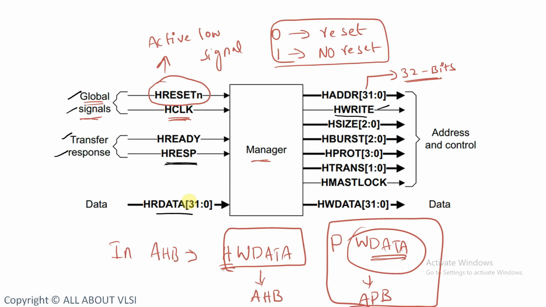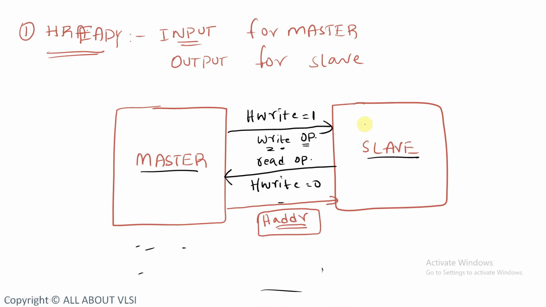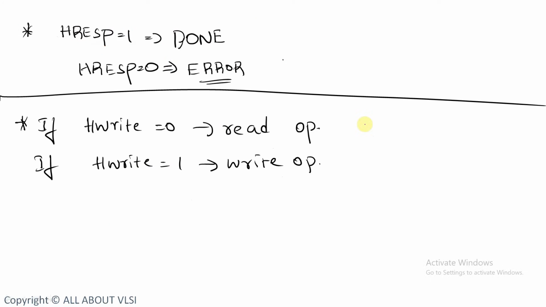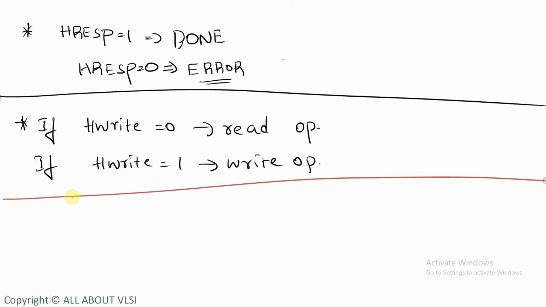Coming to the next one, HSize, which is of 3 bits. This HSize is of 3 bits and it is output to the master.